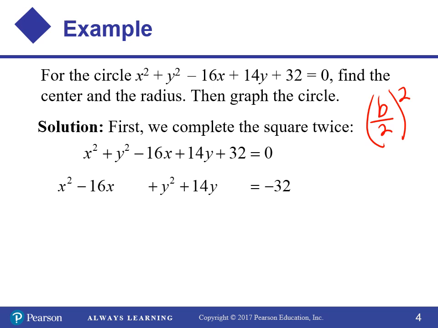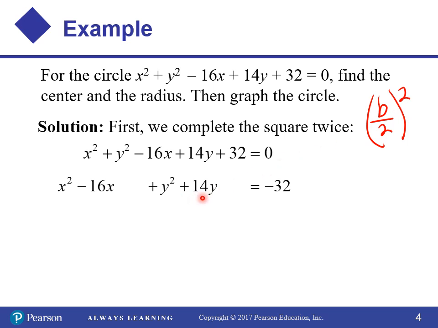So if you look at our negative 16, which is our first b right here, negative 16 divided by 2 will give you negative 8. And we're going to remember that negative 8 because it's going to come back to us. But when we square that, we get 64.